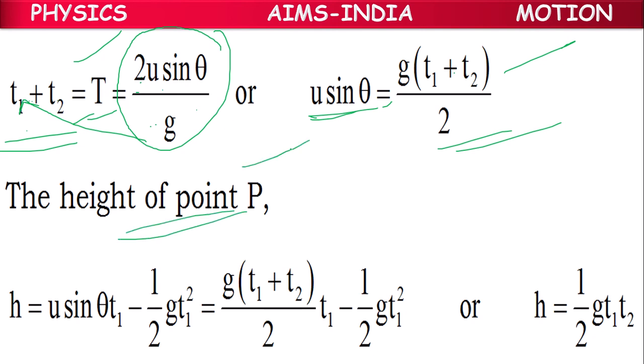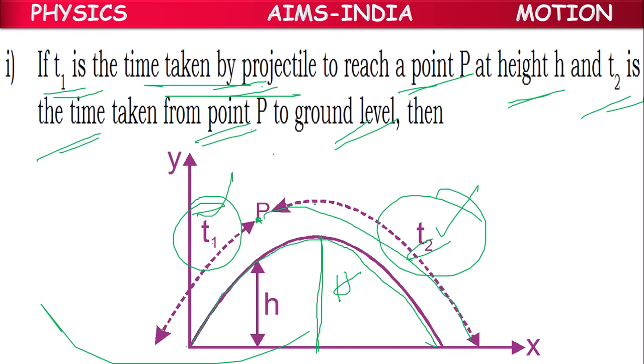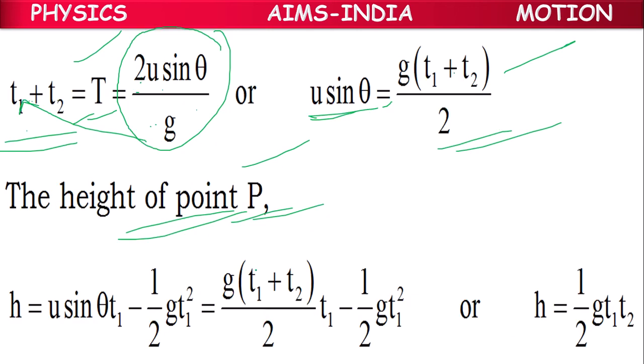Now, if you want to find height of point P, it is in vertical direction. In vertical direction, this will be affected by acceleration due to gravity created by gravitational force. So we can consider vertical motion in this case.